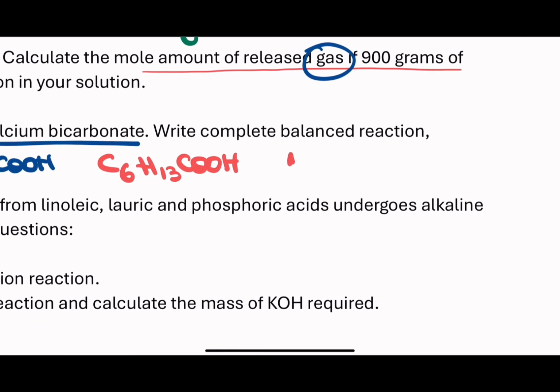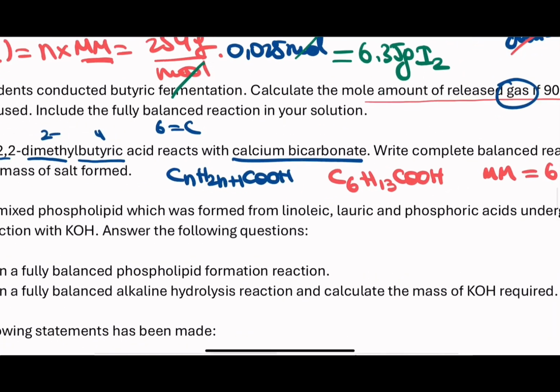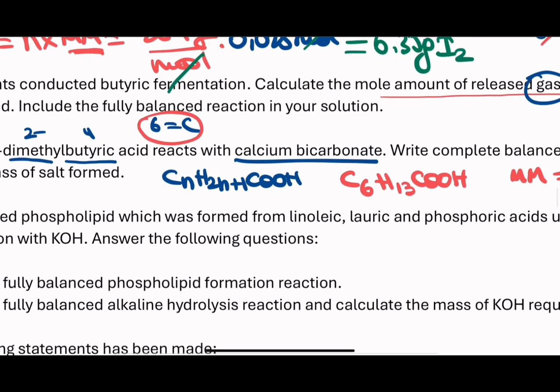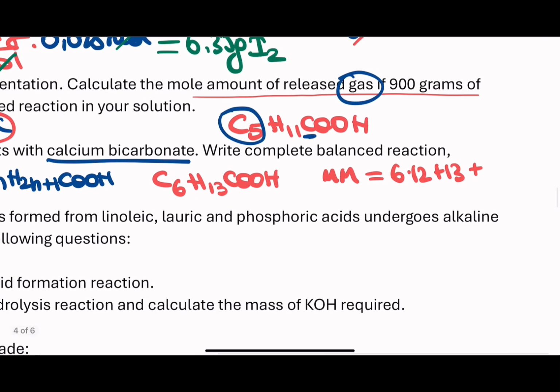Now the molar mass of this would be 6 times 12 plus 13 plus, sorry, I made a mistake in here. So altogether we have 6 carbons. That means we have C5H11COOH, because I need to include this carbon in here as well.